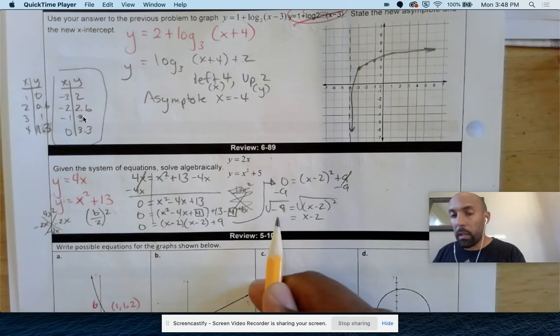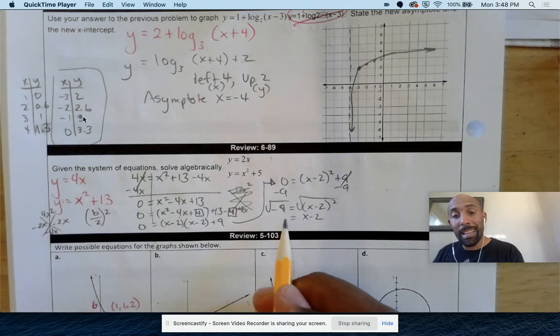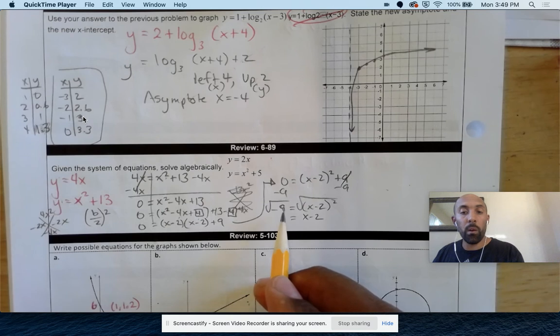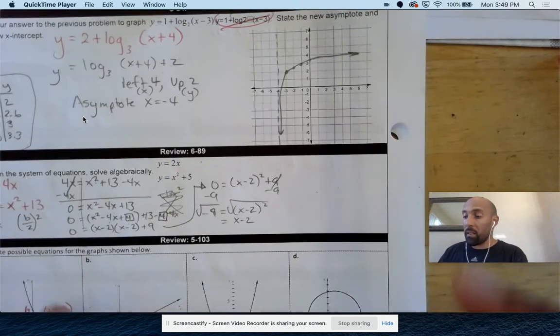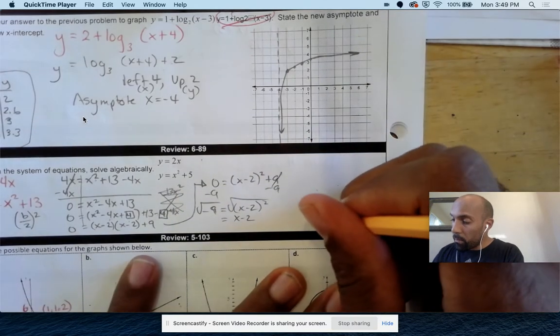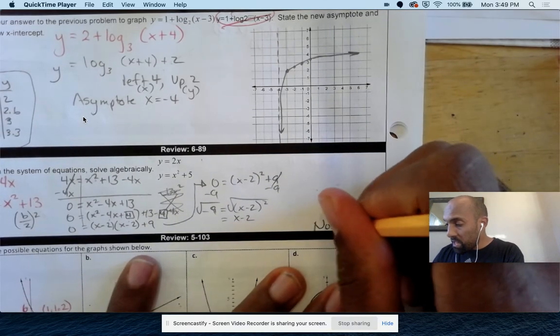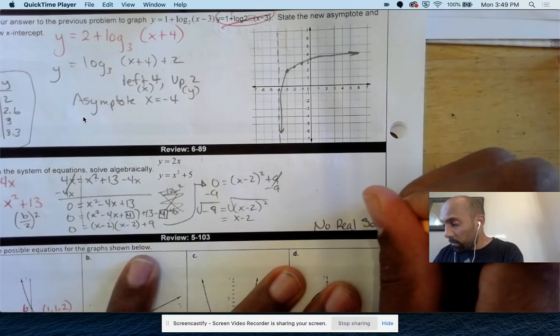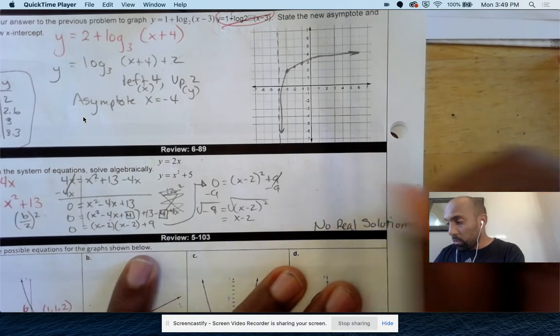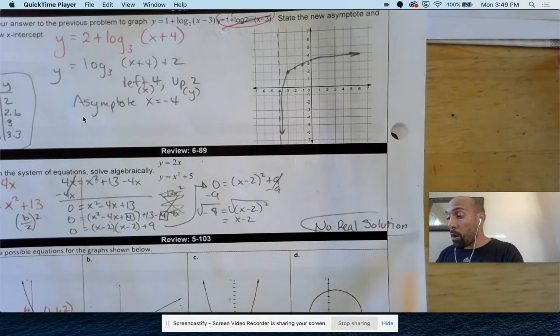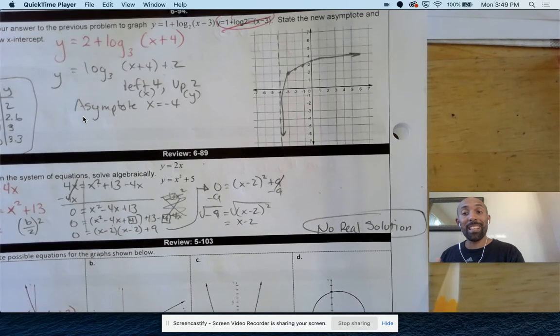So now I have just x minus 2. The only problem here is I can't take the square root of a negative number. So what does that mean? That means there is no real solution. Now, does that mean there's no solution at all? No, not necessarily. But in this case, there's no real solution.